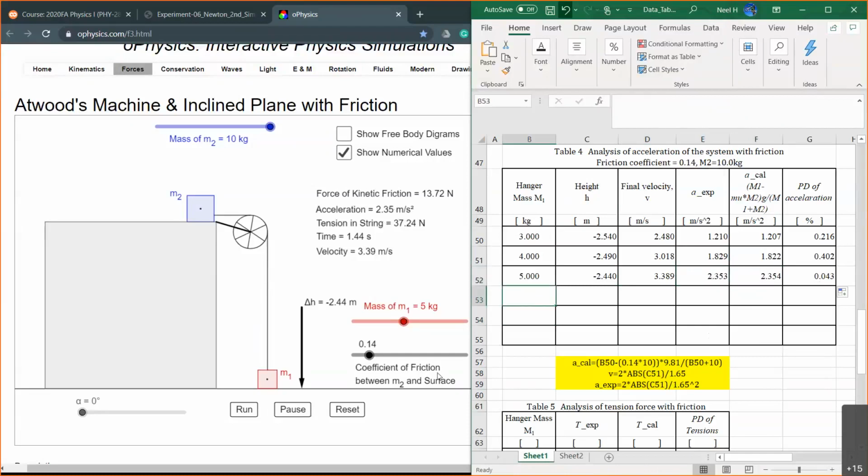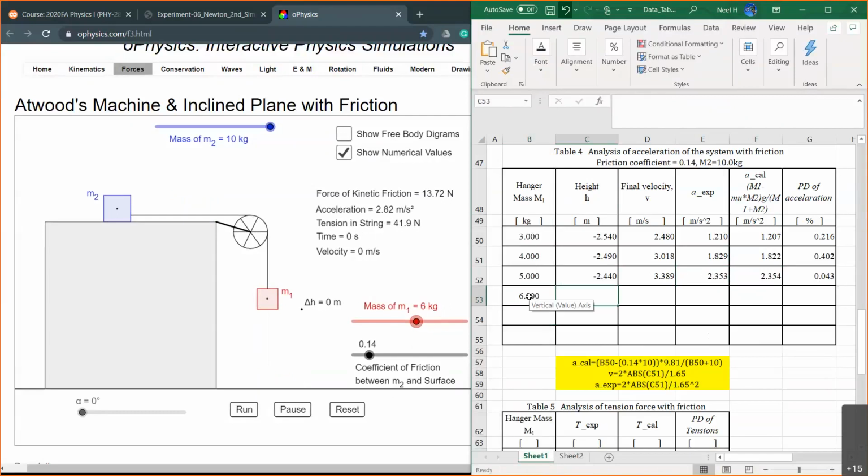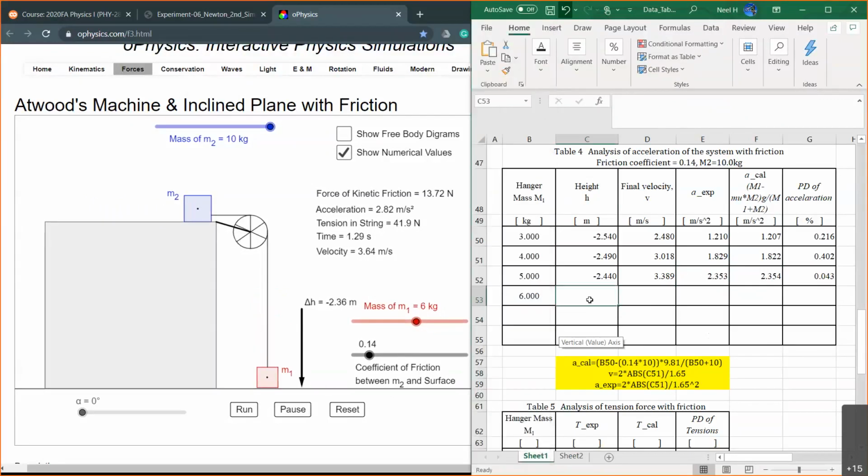Okay, let's just continue. Any question? Reset, 6 kilogram, let it run. We got minus 2.36. Let's do this calculation.